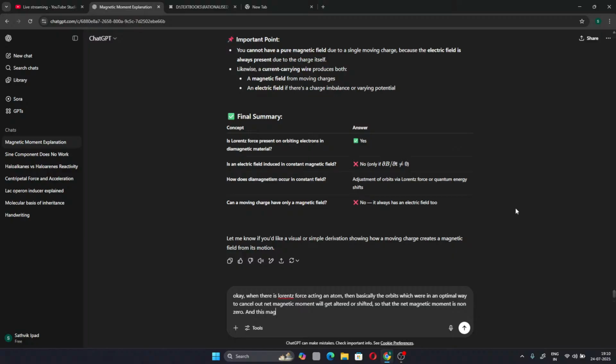And this magnetic moment is repulsive in nature because maybe the shifting of the electron orbits is only in one direction due to a magnetic field.